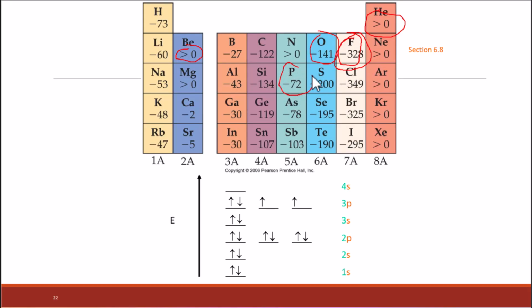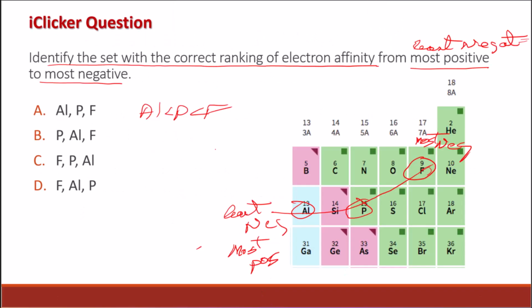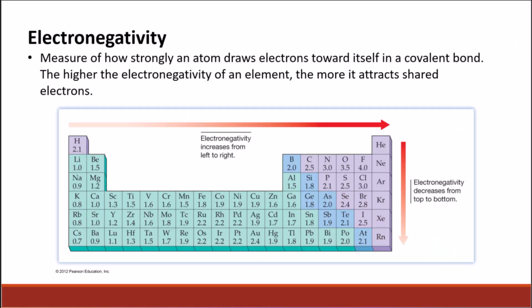Phosphorus is minus 72 kilojoules per mole. And then aluminum way down here at minus 43. So this is the least negative, or most positive, aluminum. And the most negative is fluorine. So we guessed right. And we're just using trends. I'm not really expecting you to know the numbers themselves.